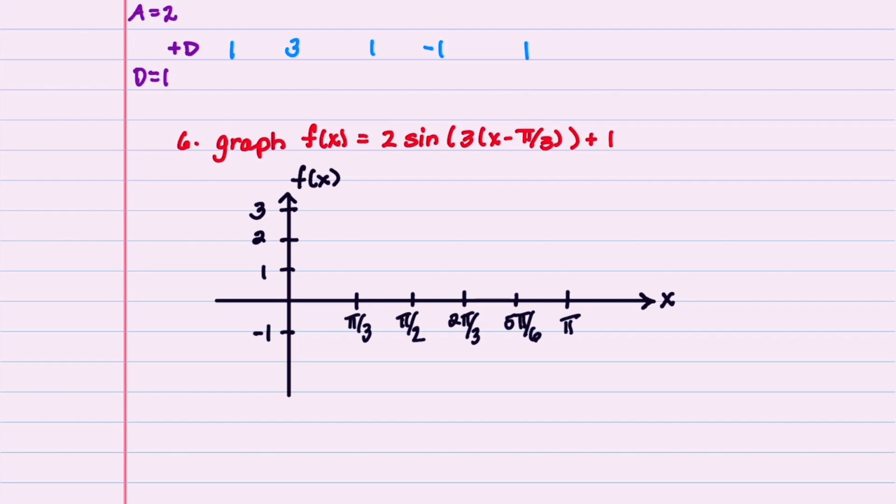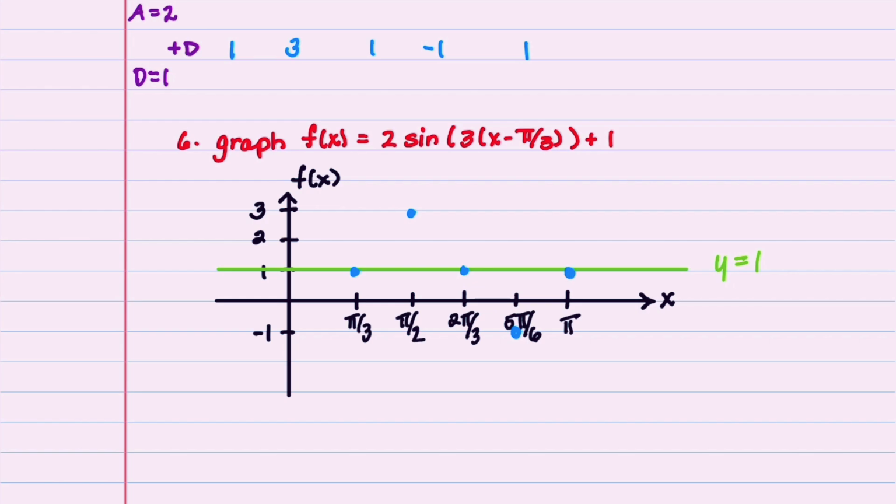We'll then draw our midline, which is y is equal to 1, or in this case, f of x is equal to 1. Next, we'll put in our adjusted sine values listed above. We'll start at 1, and then we go to 3, back down to 1, we go down to -1, and then we end at 1.